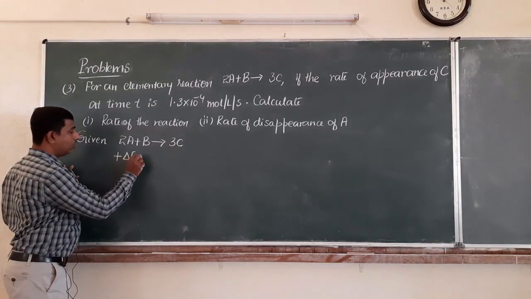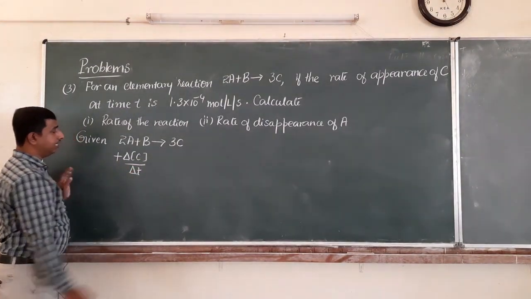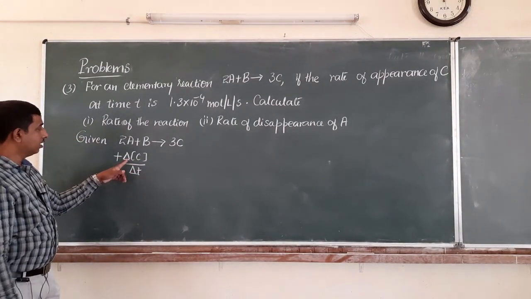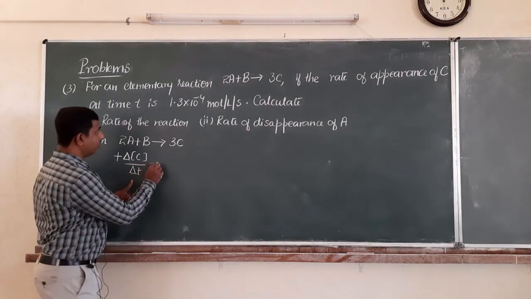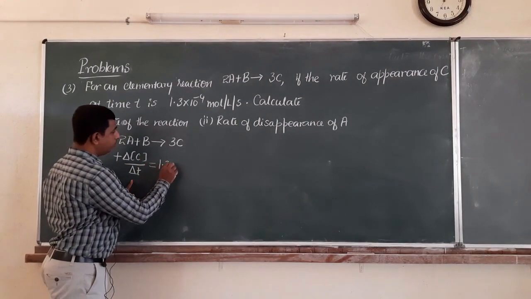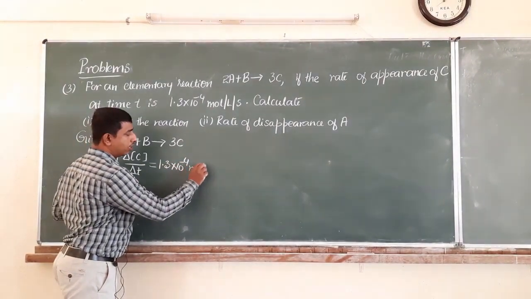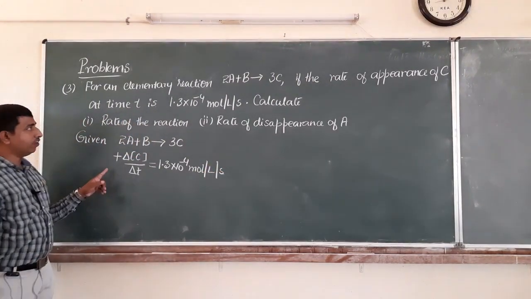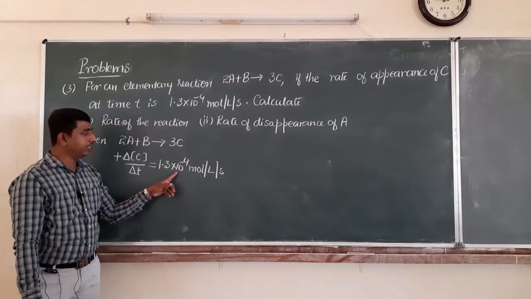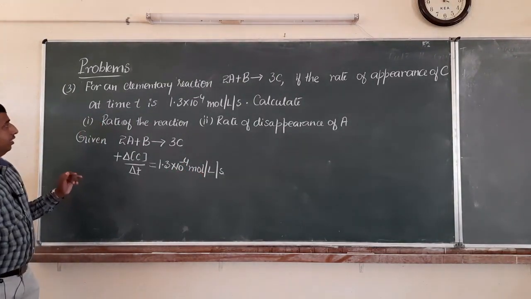That is delta concentration of C by delta T, this value is given, equal to 1.3 into 10 to the power minus 4 mole per liter per second. So rate of appearance of C is 1.3 into 10 to the power minus 4 mole per liter per second.